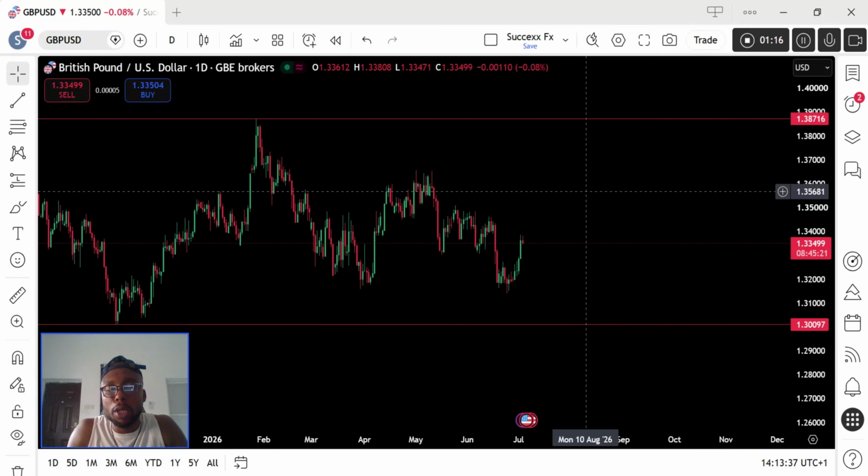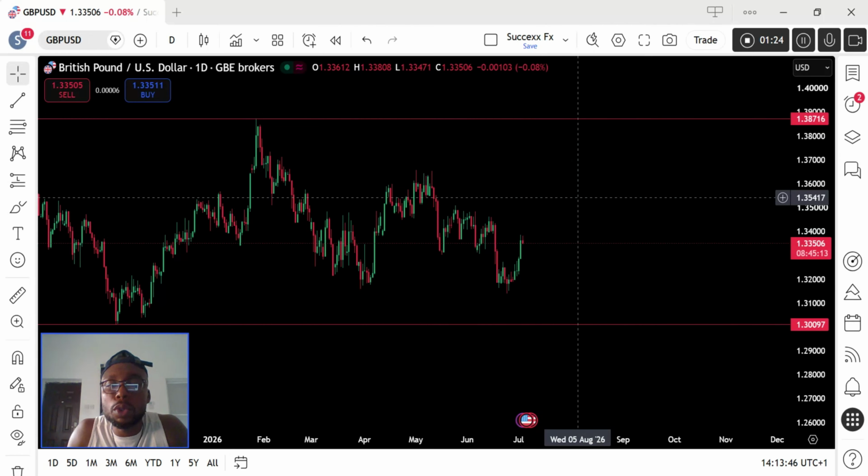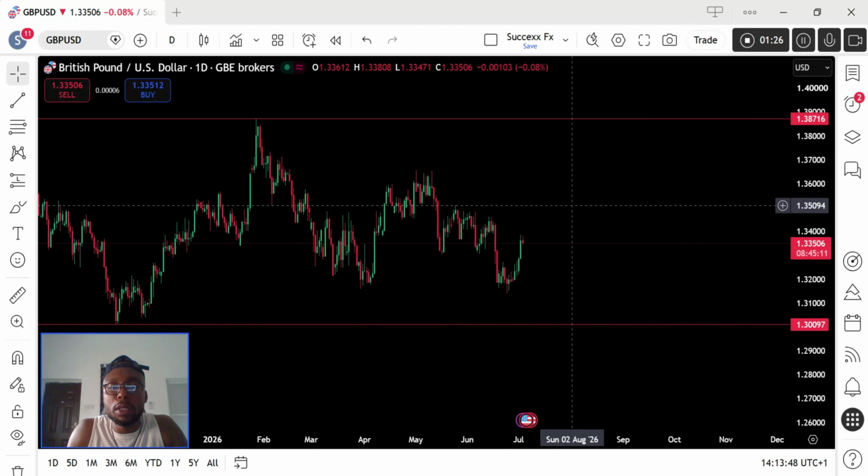We also make sure that the daily time frame corresponds, and then we come to the 4 hours time frame. So basically, we use the monthly, the weekly, the daily, and even up to the 4 hours time frame for our direction, making sure they are all headed towards the same direction.